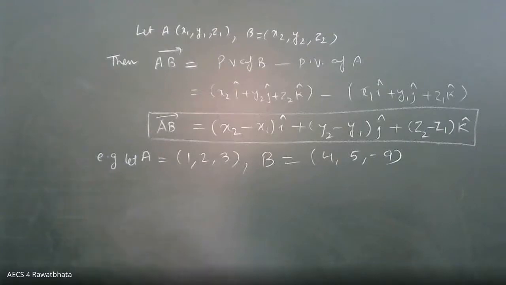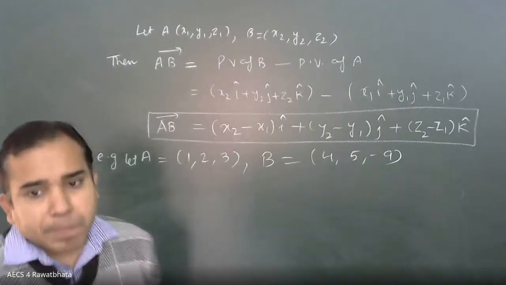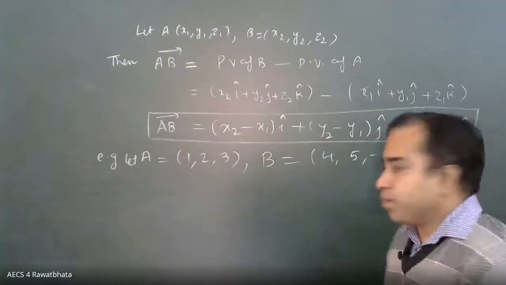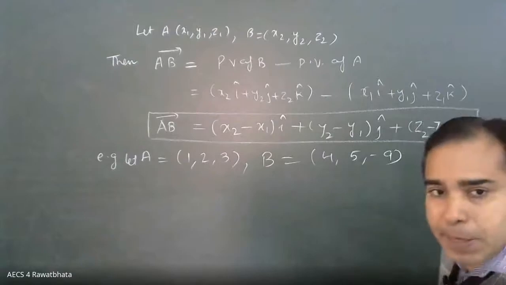Pratham, can you tell? Pratham or Priyanshu Yadav? What should be AB vector? Yes, Nutan. What should be AB vector? 3 i cap plus 3 j cap minus 12 k cap.